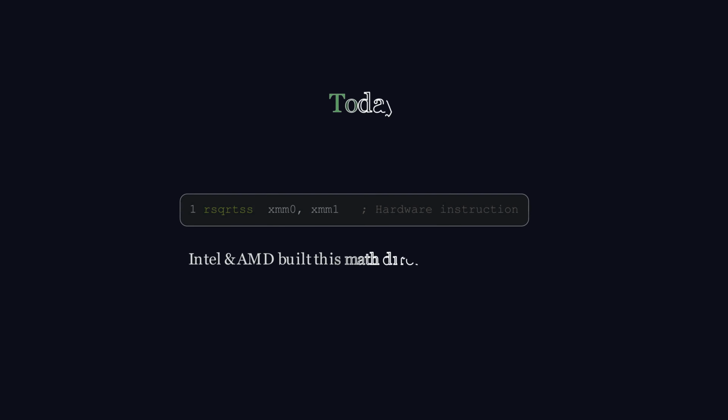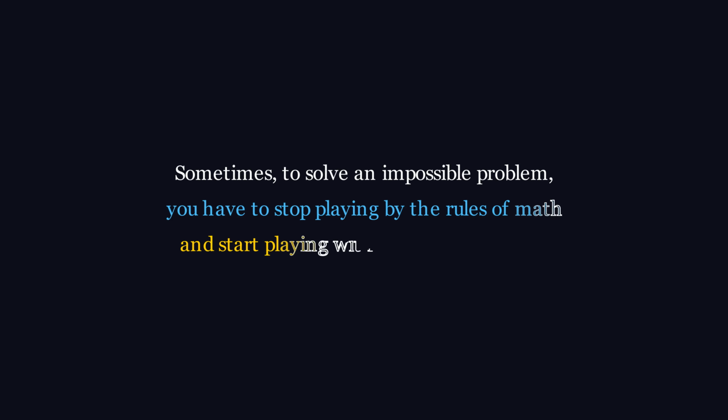Today, this code is obsolete. Modern Intel and AMD processors have specialized hardware instructions built directly into the silicon to do this instantly. But it remains a beautiful reminder. Sometimes, to solve an impossible problem, you have to stop playing by the rules of math and start playing with the machine itself.